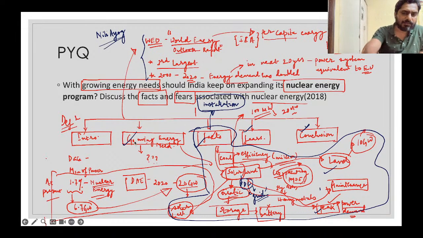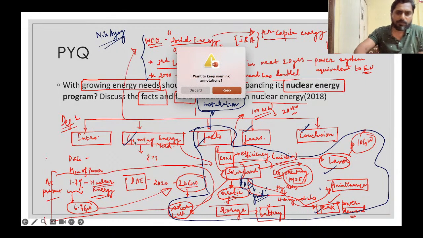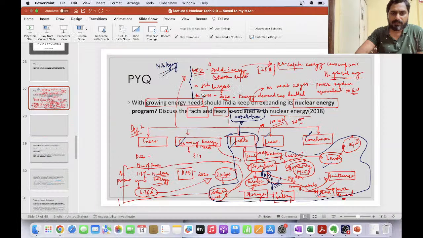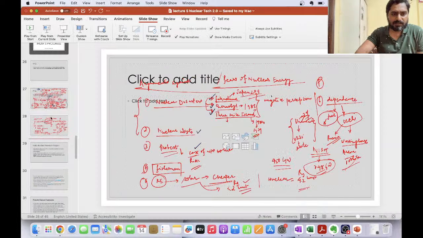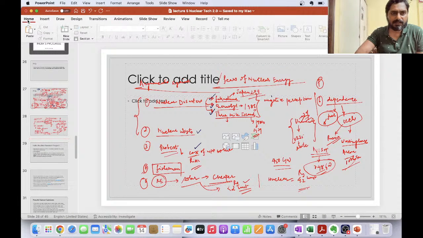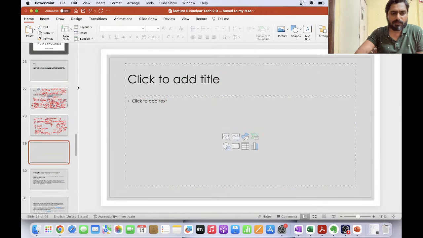Now, following this question, what could be asked further? I'm just taking a slide, and let us see what more can be asked, or what could be the next evolution in this type of question.